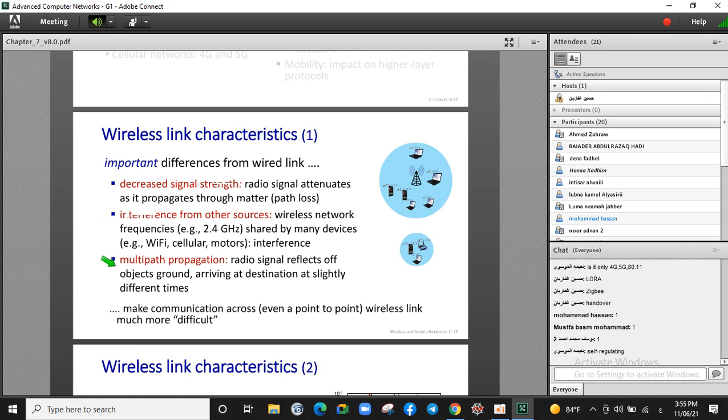The third main property or difference between a wireless link and a wired one is that when I'm sending information along a wired link, my information only has to pass the specific path of that cable.